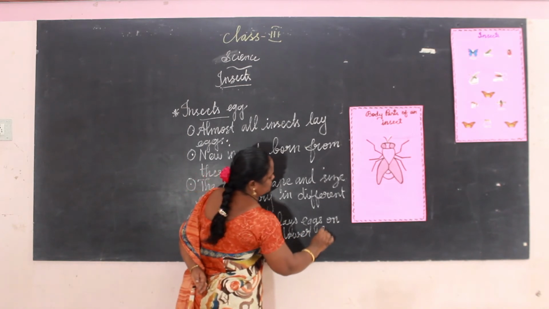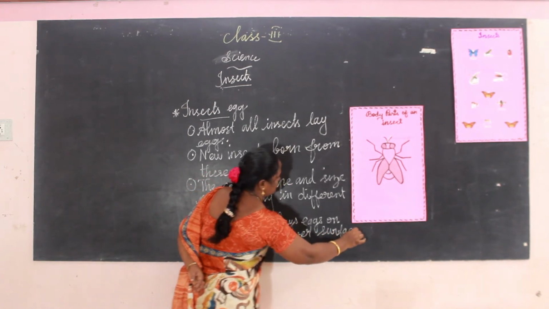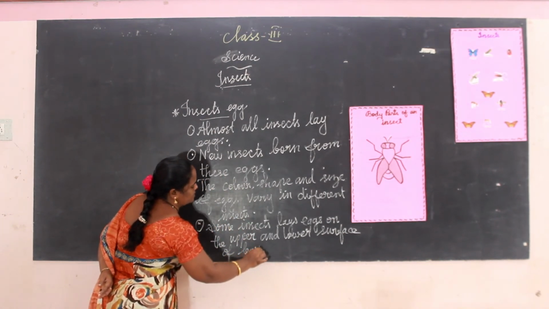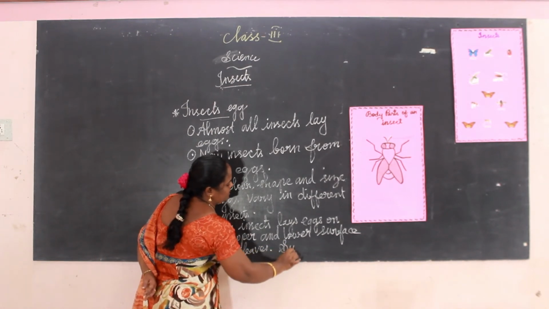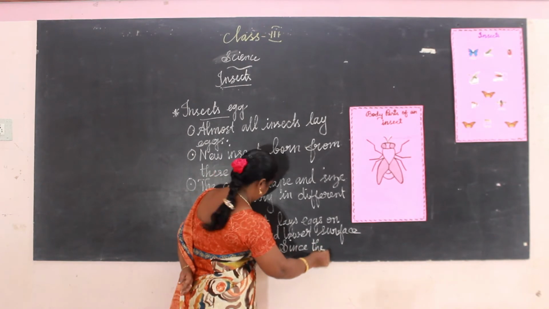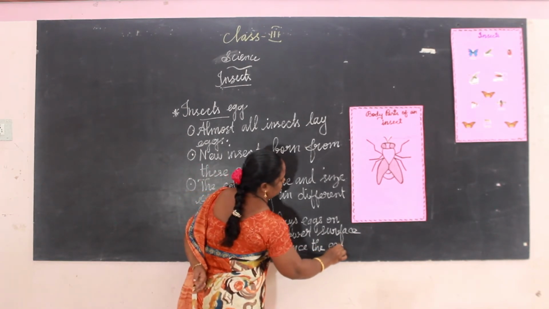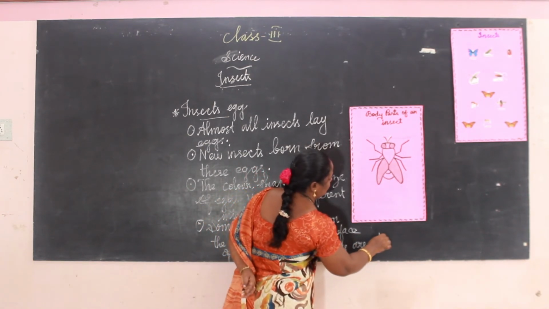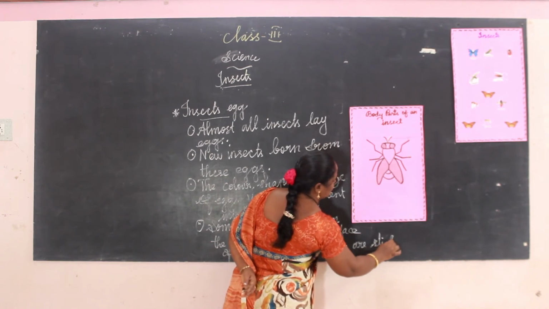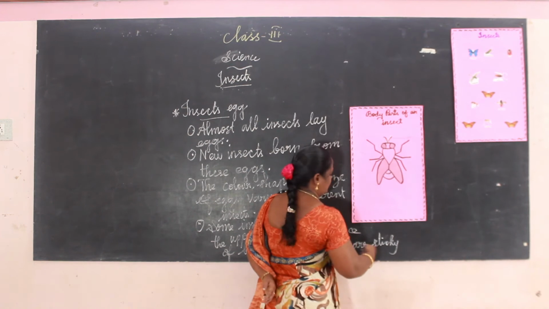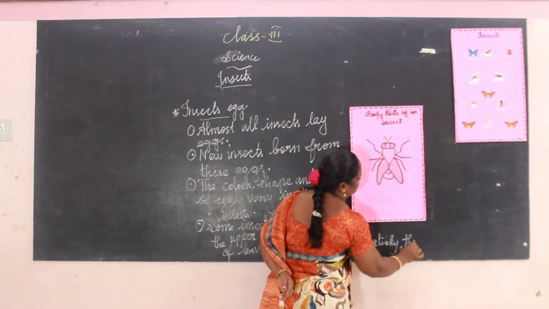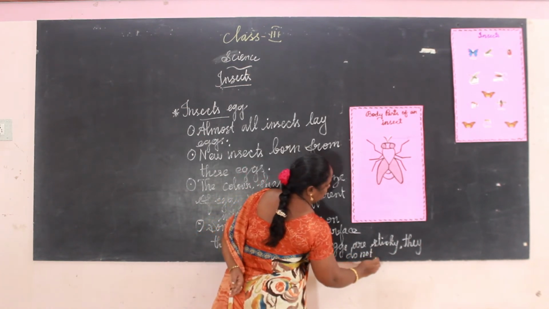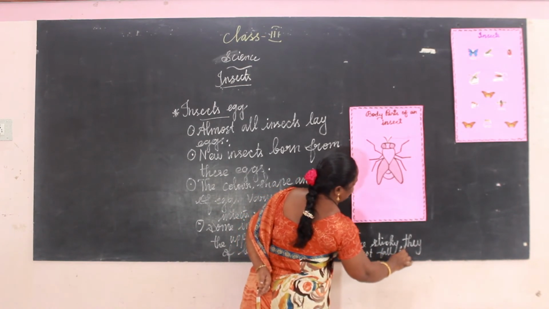Once the insect lays the egg, the eggs are sticky, so they do not fall off the leaves. Since the eggs are sticky, they do not fall off the leaves.